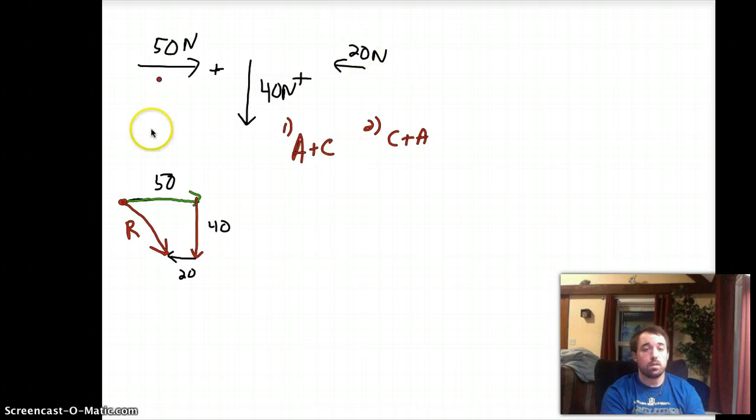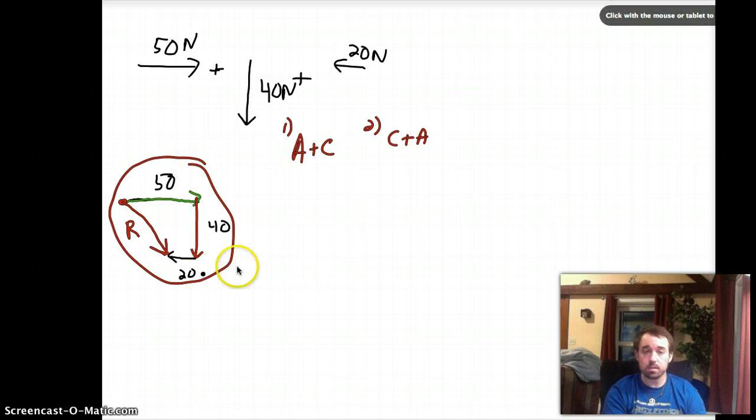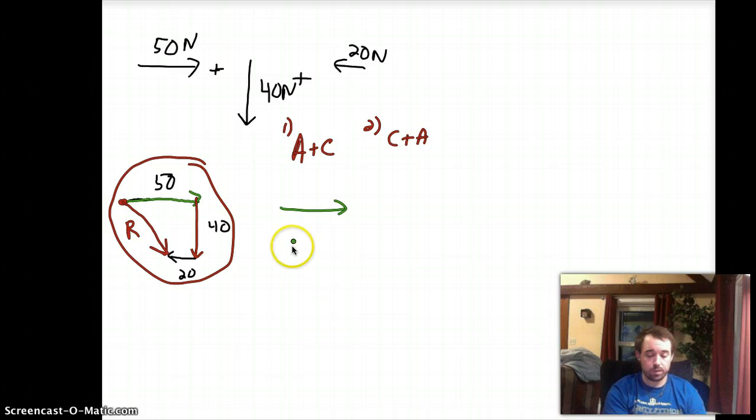So I don't want to do east-west, north-south, then east-west. I want to do all the east-wests first. So really I'm going to rewrite this as 50, just like we did with the previous problem, 50, back 20, then down 40.